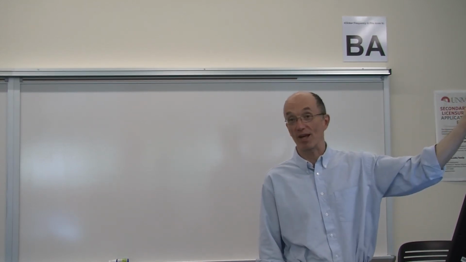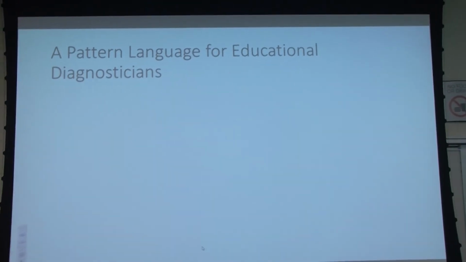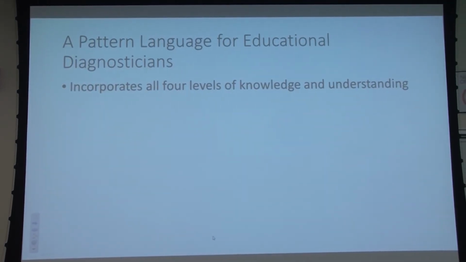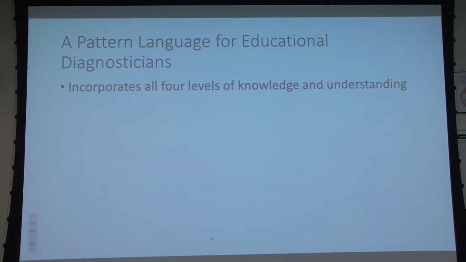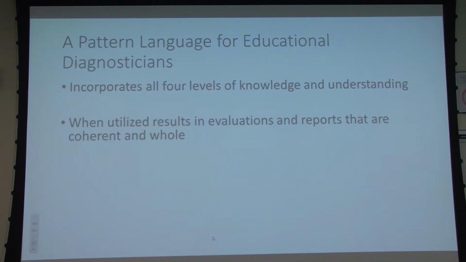Okay, so your pattern language is kind of like what I talked about, all those things. Our pattern language incorporates all those 4 levels, right? It's not just the technically proficient one that's done compliant, okay? You've got to throw in those other levels. When utilized, it results in evaluations and reports that are coherent and whole.